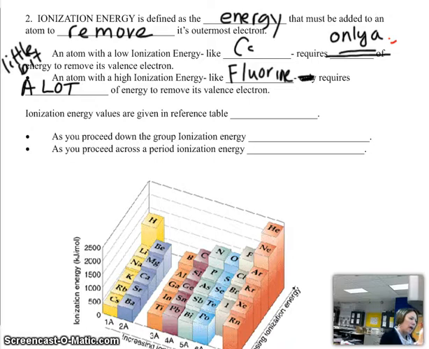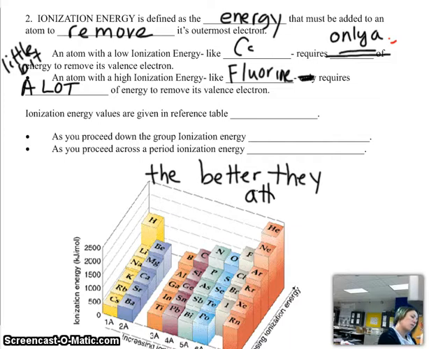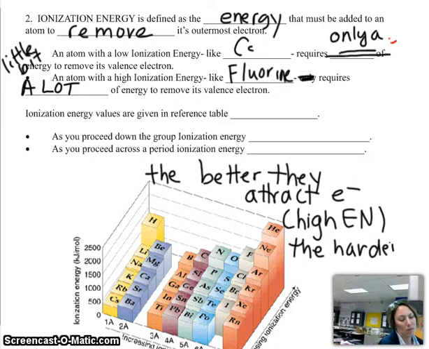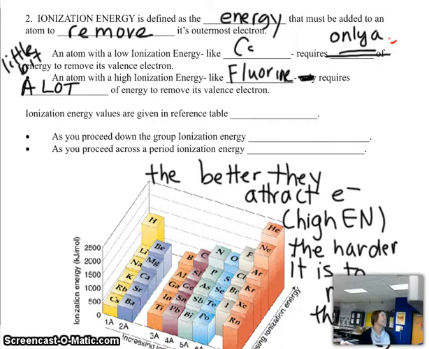So the better they attract, which means high electronegativity, the harder it is to remove them, which means high ionization energy. High IE. That's how we abbreviate ionization energy, IE.